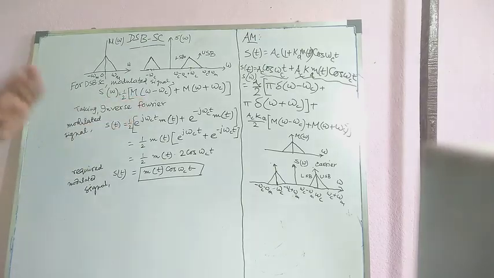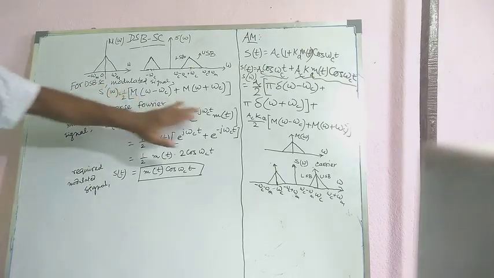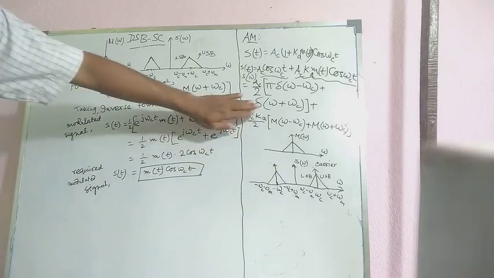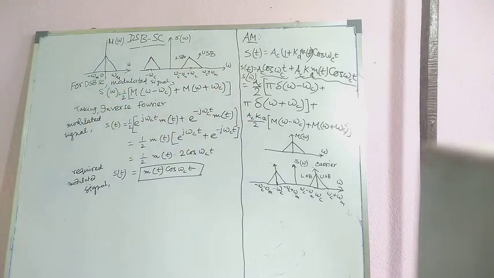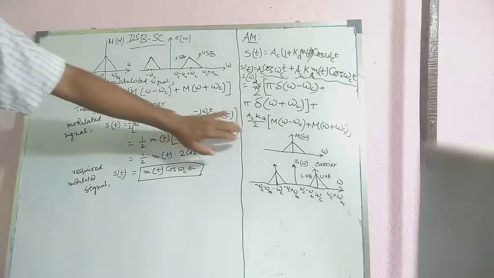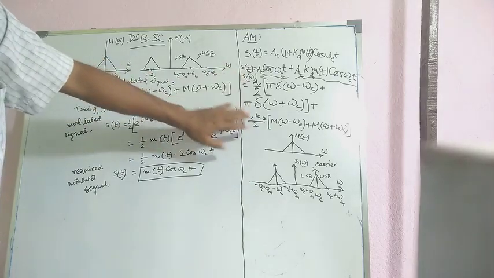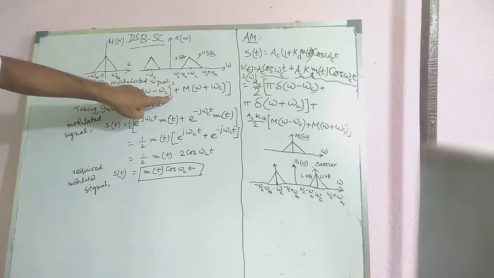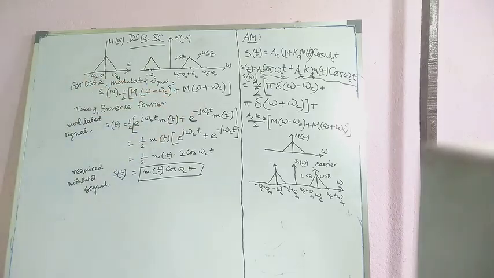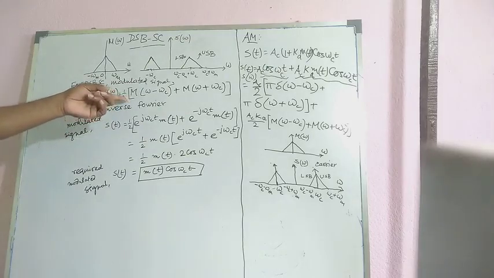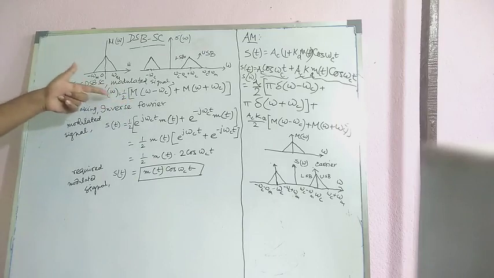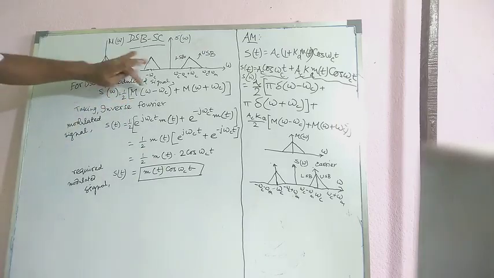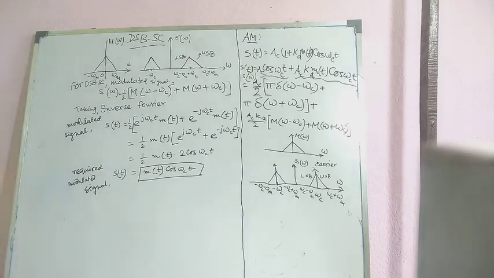Here, for simplicity, we are considering Ac into Ka as 1. It may be anything else. So we can write S(omega) is half M(omega minus omega c) plus M(omega plus omega c). That means we have to generate this signal whose waveform will be this.